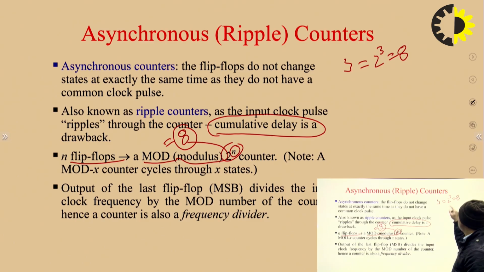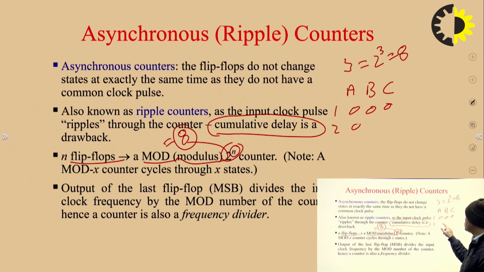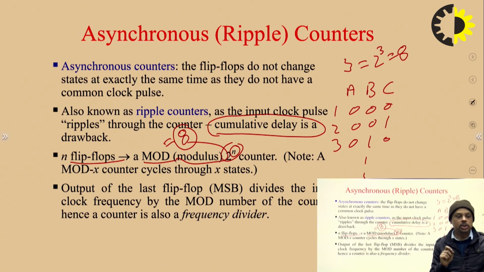Like in the case of 3 bits, let's suppose the outputs are a, b and c. The first state is 0 0 0, the second state is 0 0 1, the third is 0 1 0, and up to the 8th state, which is 1 1 1. There is a difference between the decimal output and a state.